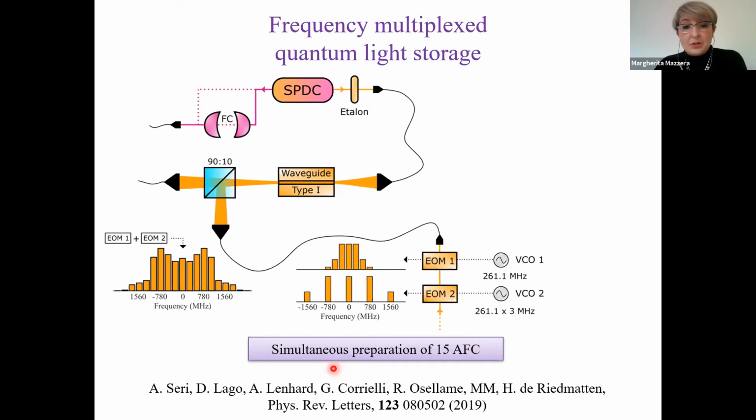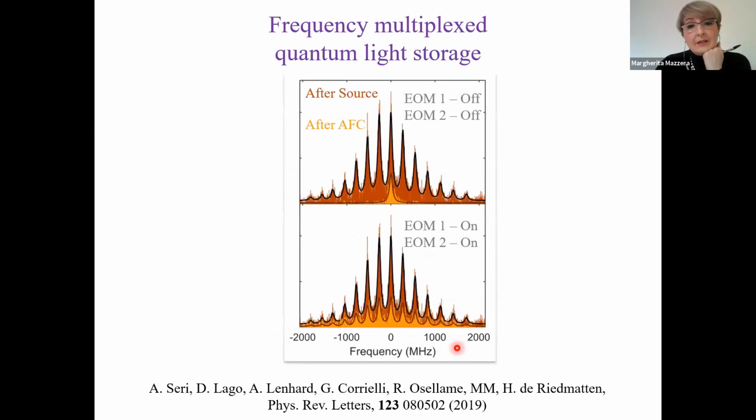This allows us to simultaneously prepare 15 atomic frequency combs throughout the inhomogeneously broadened profile of our quantum memory ensemble. And this is the very last result in which I show you the whole spectrum of the quantum light sources spread over 15 spectral modes.